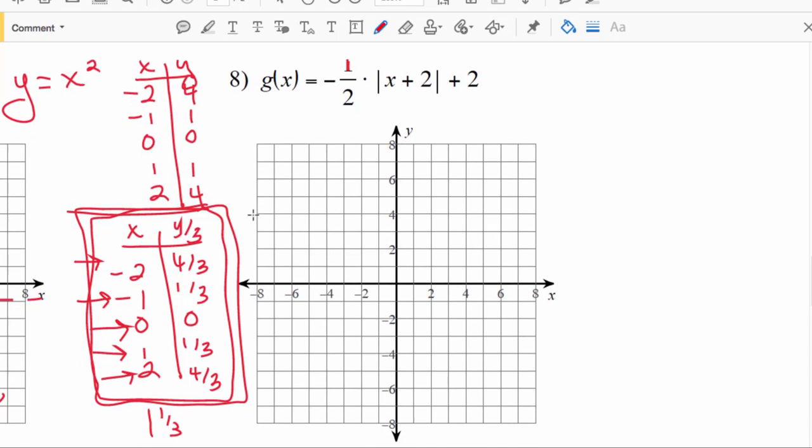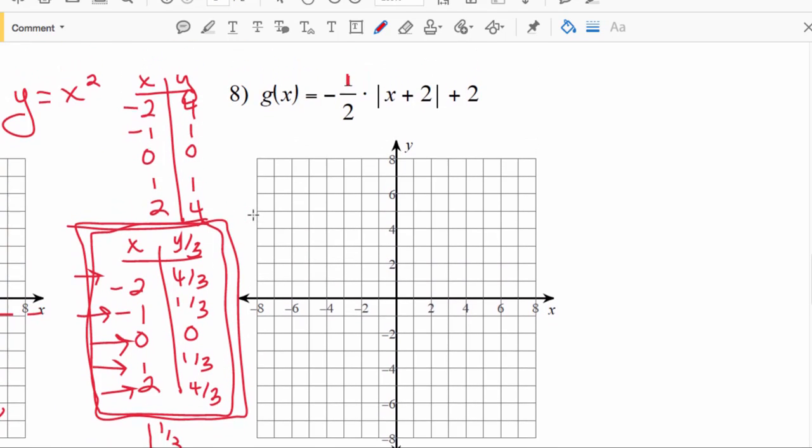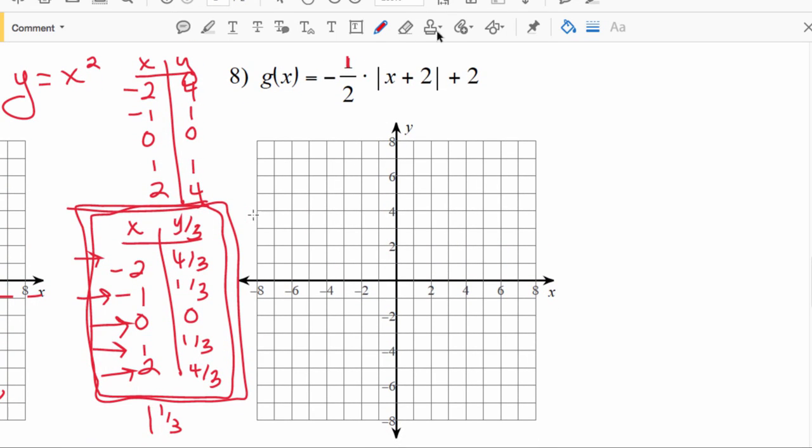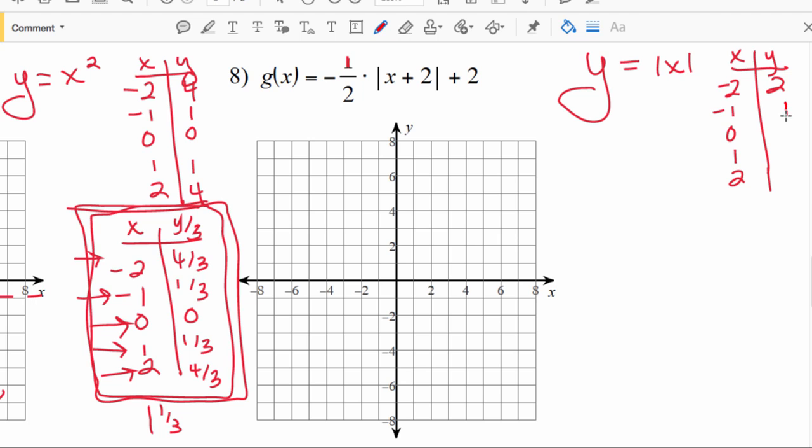Okay, the last one here, number 8. Our parent function, once again, I think we've done 2 of these so far, is the absolute value of x, which goes from -2 to 2 on the x's, and when you absolute value these numbers, that's what you get.